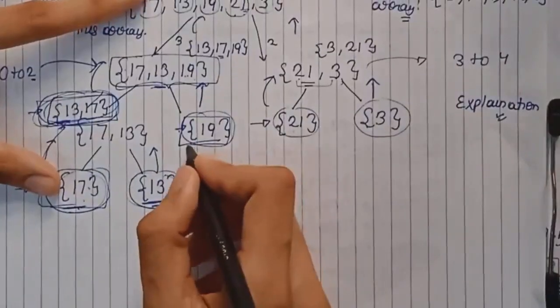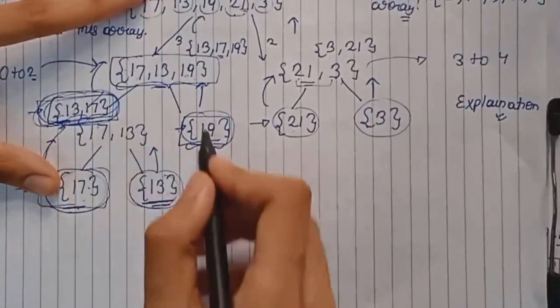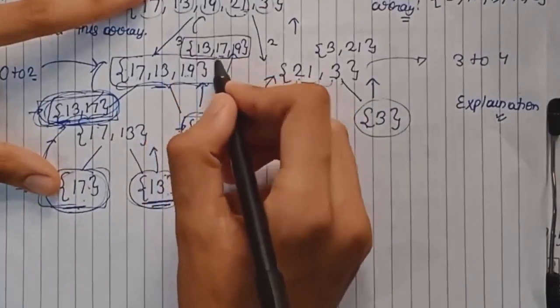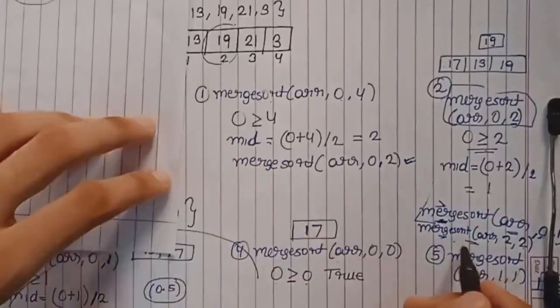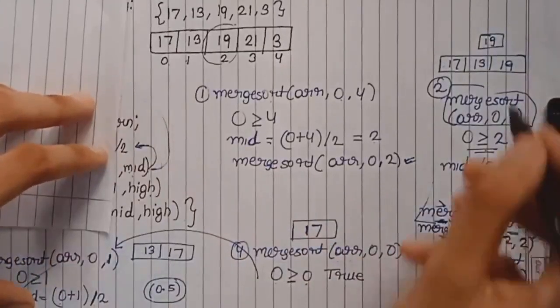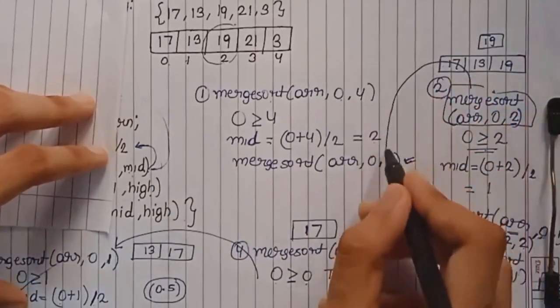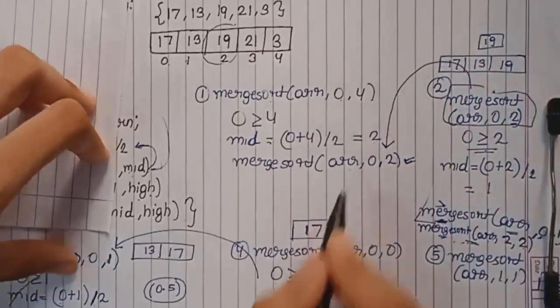So now these two arrays, that is 19 and 13, 17, will get merged to get this. Now we have got this sorted array with the help of the merge function. Now again you can notice that the work of this function is completed, and now this will again return to the place from where it was earlier called, that is this.